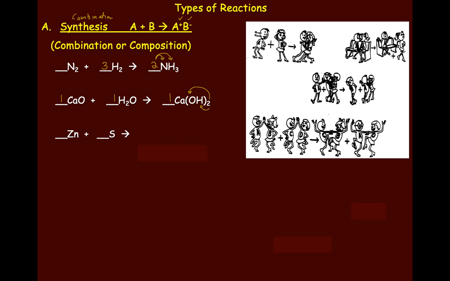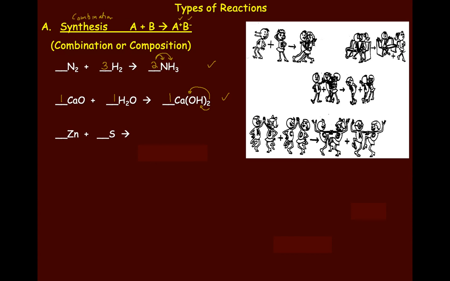And last is the creation of a new compound from two elements, where we'd have to write the new formula. Not always will you be given the entire reaction like this. You're eventually going to have to be able to create your own formulas and your own product.